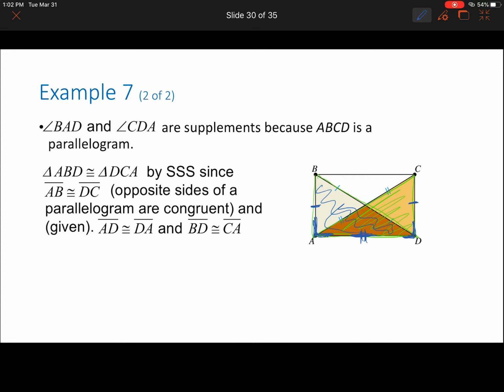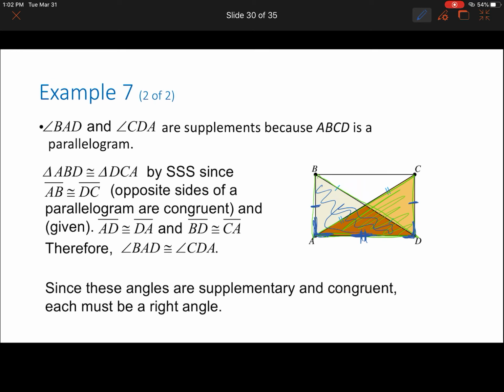And so you can easily see that all three sides have to be congruent. Because it's a parallelogram, this side and this side are congruent. And they share a side, so it is congruent. And then their diagonals, because again in our definition that was given to us, they're also congruent. But we can show those two are congruent, and since we have supplementary angles, if they're the same measure, 180 divided by 2 tells us it has to be 90. And so that is how that proof would go.